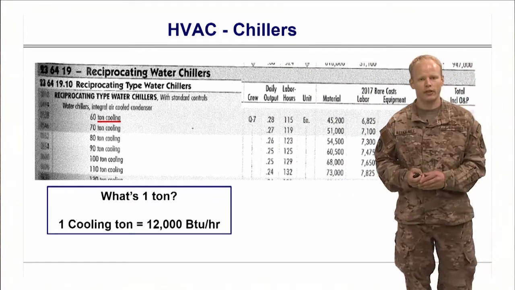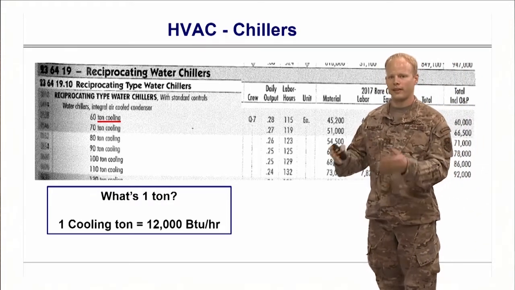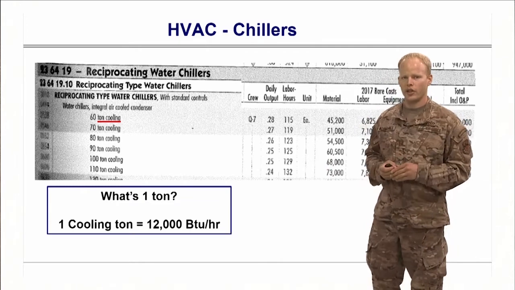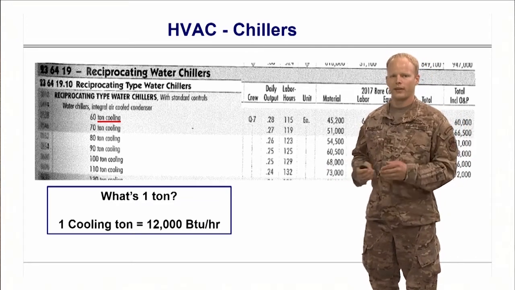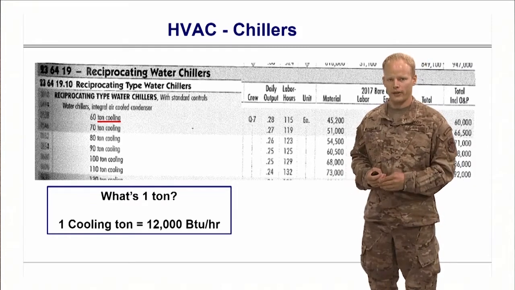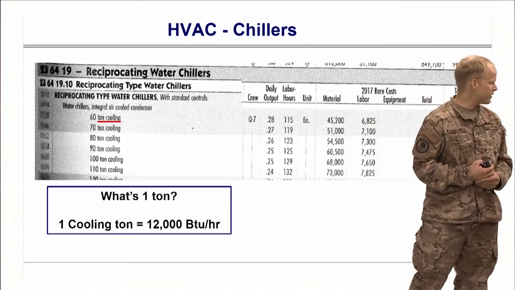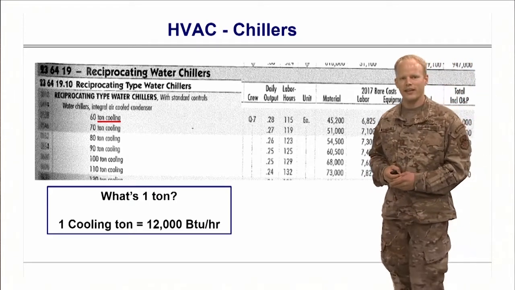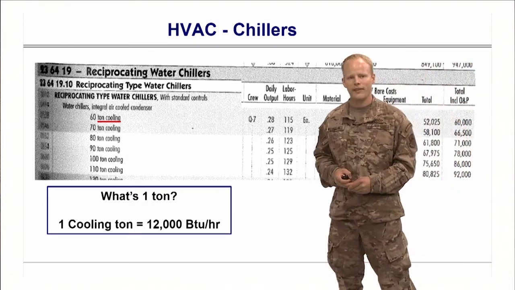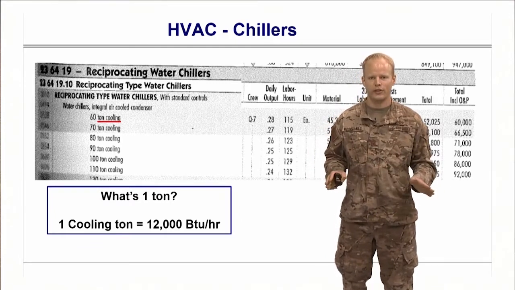So this is your air-cooled chiller, in that the condenser, the part where we reject the heat from the refrigerant, is going to be cooled with air. Your water-cooled? Well, it's cooled with water and a cooling tower. And then you have your sizes on here. You can see on here the 60 ton, 70 ton, 80 ton, those are your cooling tons, not referring to the weight of the piece of equipment.